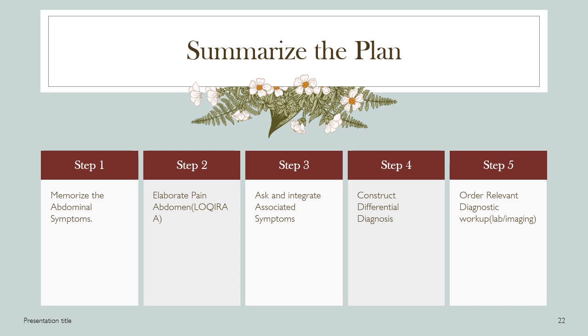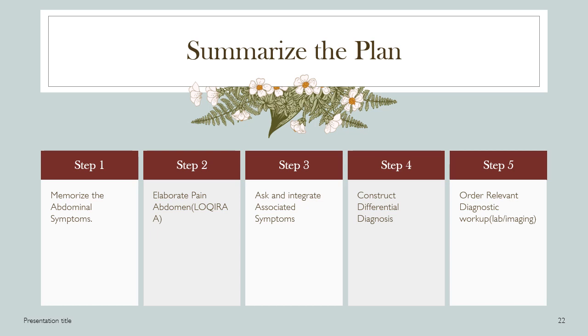Then last thing, you enter all these findings, either on your board, or on your paper, or on your notes, or on your prescription pad: what positive symptoms you could find on history and what findings you got on examination, and then construct a differential diagnosis. These are the major differential diagnoses, which are almost 6 to 7 in case of diffuse pain, 4 to 5 in upper abdominal, and 5 to 6 in lower abdominal pain.